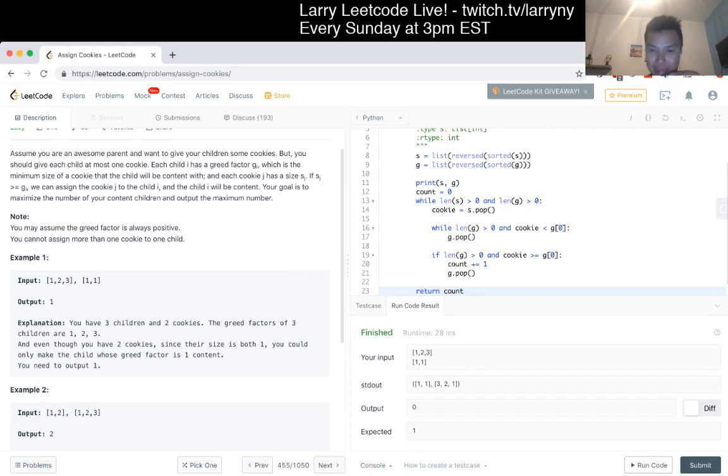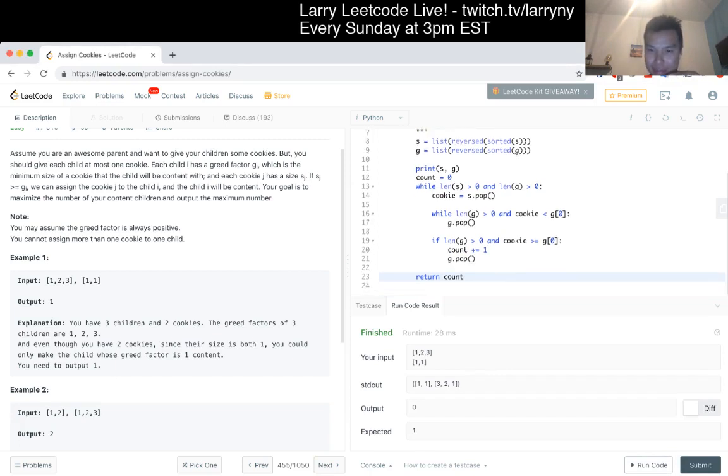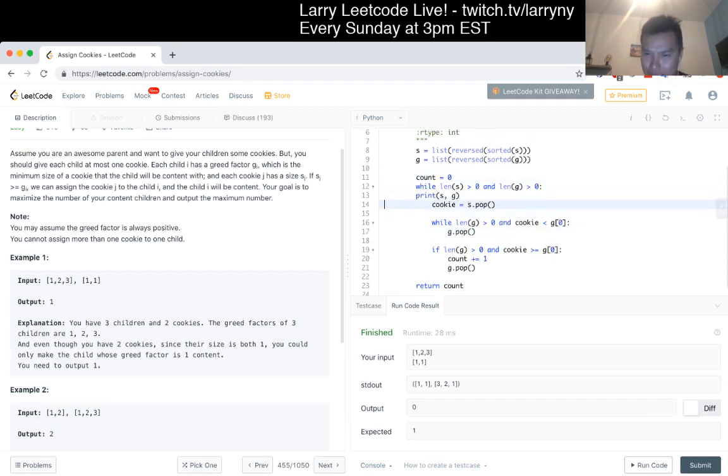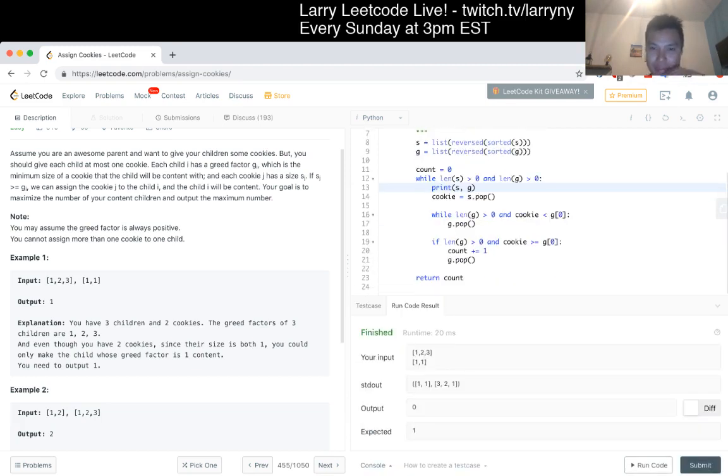Well, that's not right. Cookie should be 1.